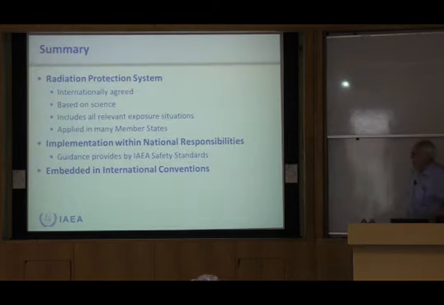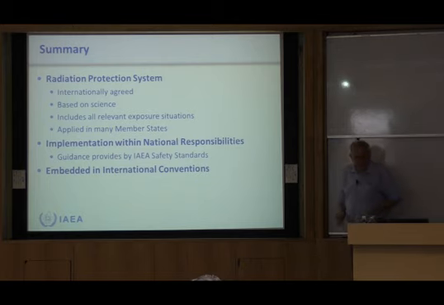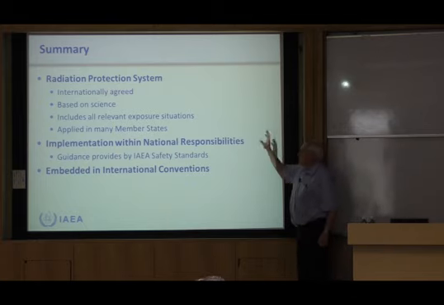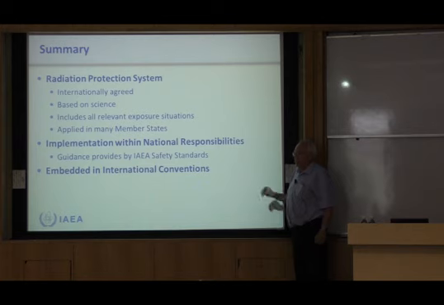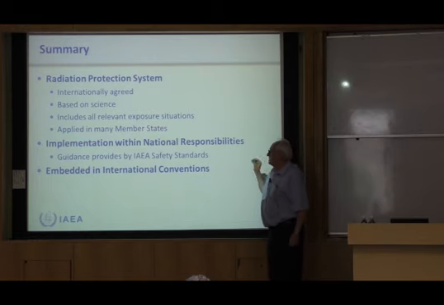So, this was a very short overview over the work of the IAEA, focusing on the radiation protection system. I think it's important to know that this protection system is internationally agreed by all the member states which are in the IAEA.